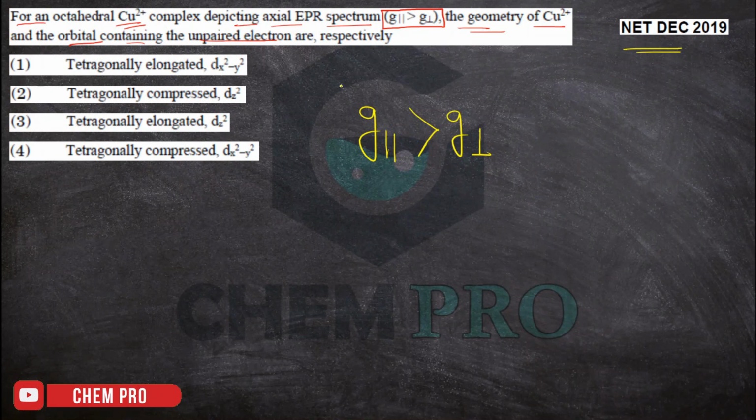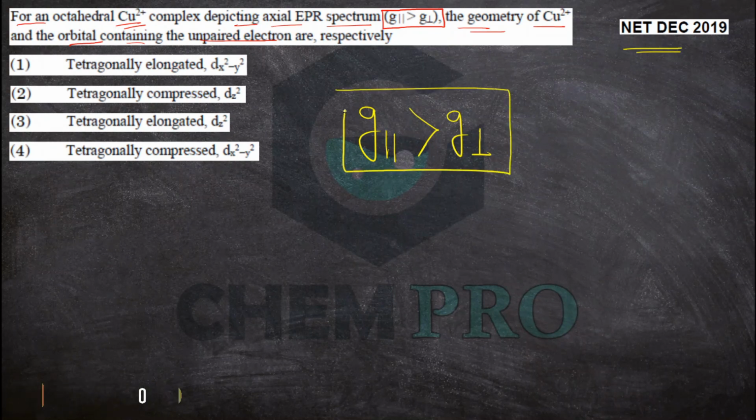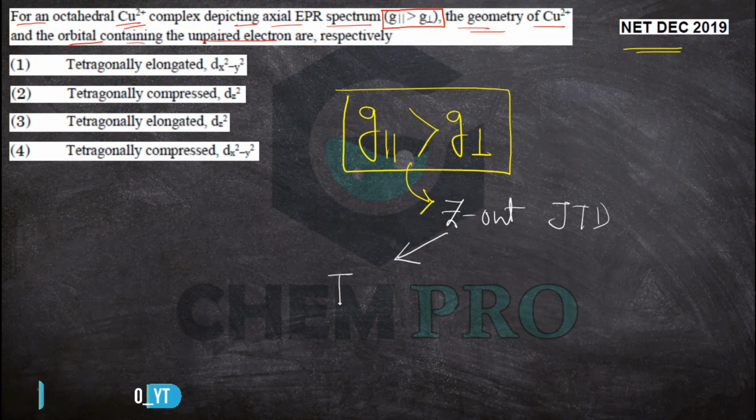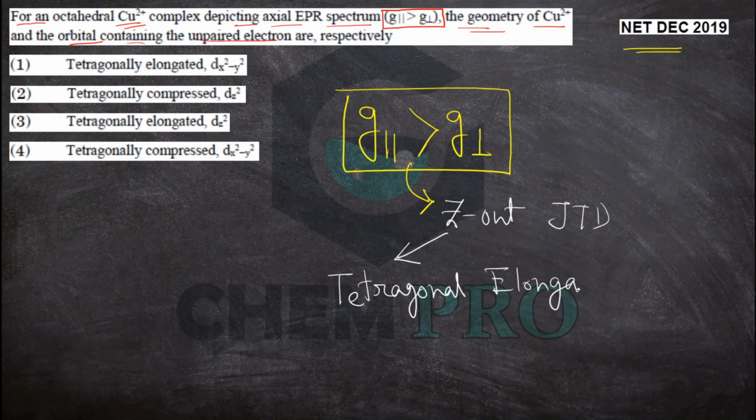We discussed earlier that this is from the Z out type of Jahn-Teller distortion. Z out means this is tetragonal elongation, that is, the axial bonds are elongated here.